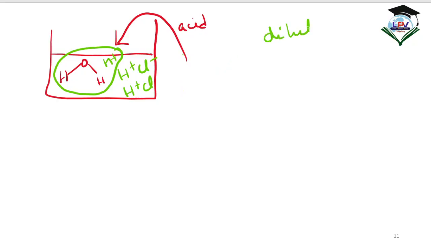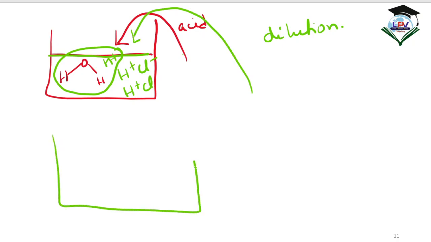Dilution is a process in which, once this is ready, you add further water to this solution. So now you have a solution in which hydronium ion is already there, chloride is already there, and more of H plus is there. So this is a concentrated solution.